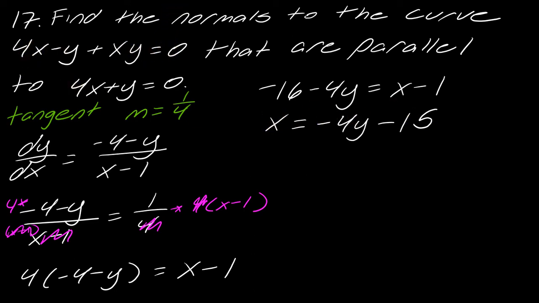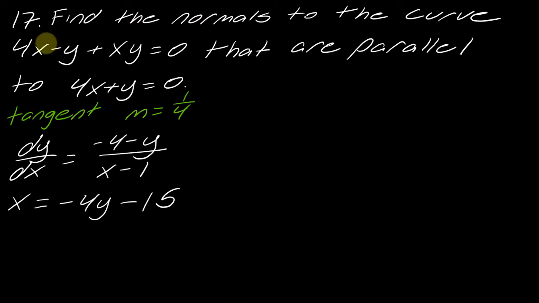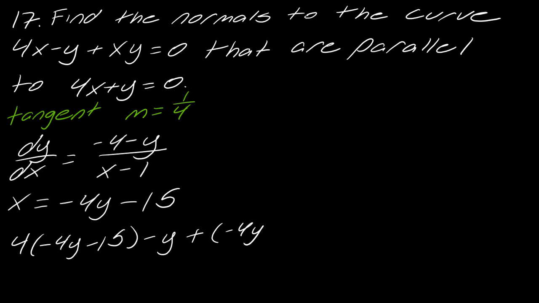So let me clear some space. Now we'll take this condition and plug it straight into this. So I've got 4, and where it was an x, now it will be (-4y - 15), minus y, plus (-4y - 15) times y. This needs to equal 0.